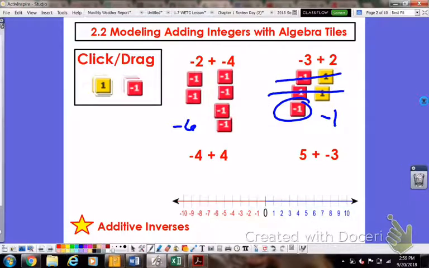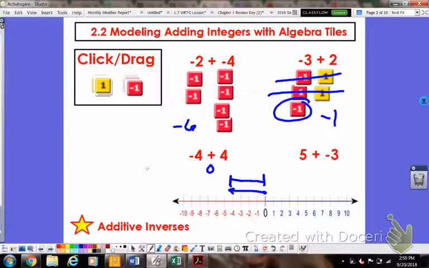Now the other way that we work with these is using our number line. So for these bottom two, I'll use the number line. Start at 0. -4 means 4 to the left. So 1, 2, 3, 4. Starting from that point then, plus 4 means 4 to the right, so we go back 1, 2, 3, 4. Where do we end? We are at 0, so our solution is 0.